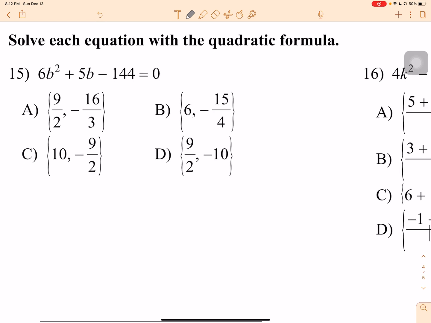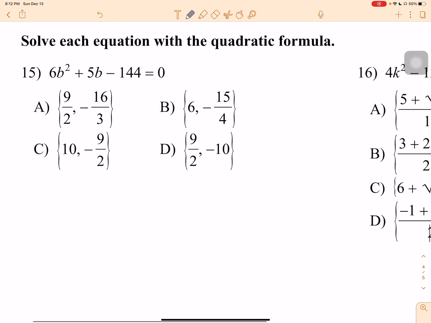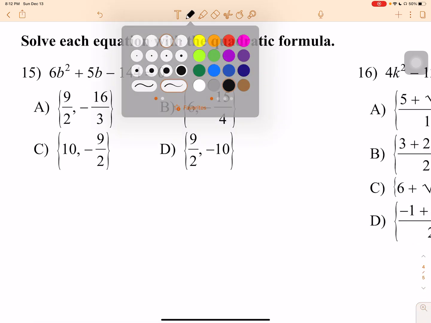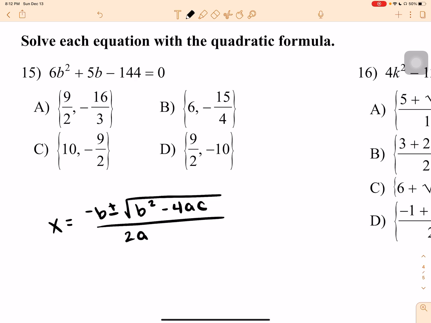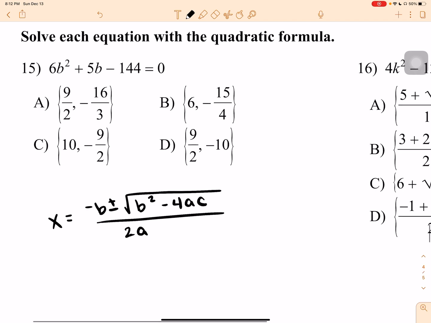Solve each equation with the quadratic formula. Okay, so the quadratic formula is as follows. It's x equals negative b plus or minus the square root of b squared minus 4ac all over 2a. So the first thing you've got to do is figure out what a, b, and c are.